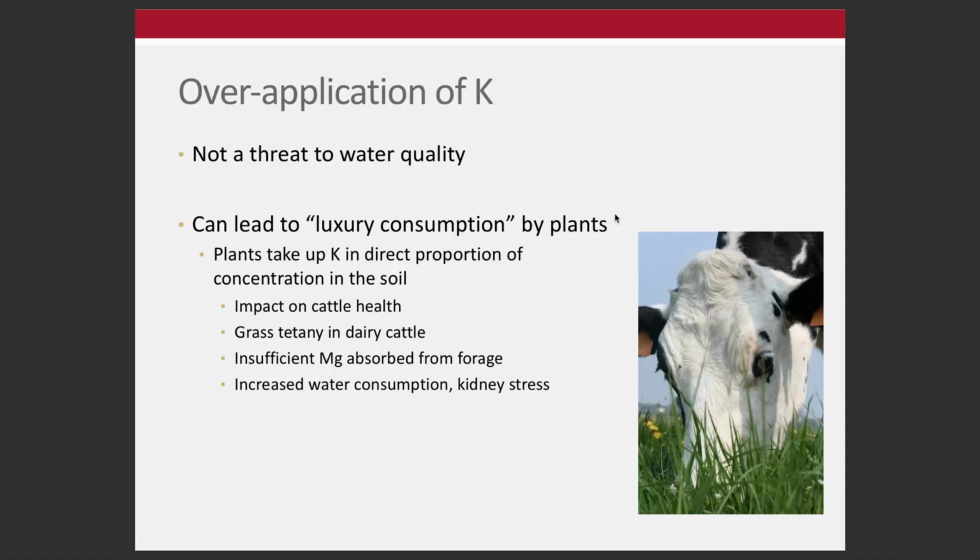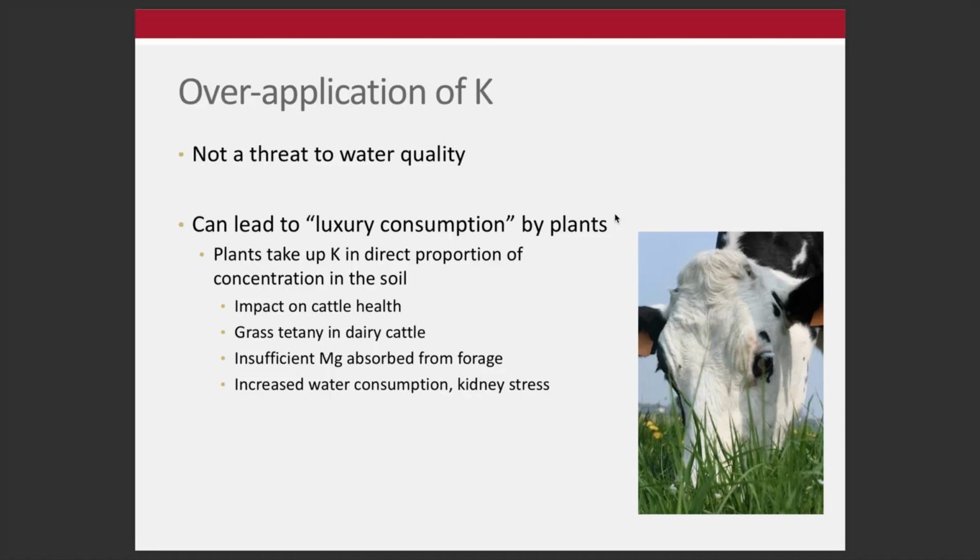This is the idea that potassium is over-applied, and then magnesium is under absorbed. Because there's a lot of potassium there, magnesium does not get into the plant in sufficient concentrations in that forage. The ruminant eats that forage and then essentially has a magnesium deficiency.